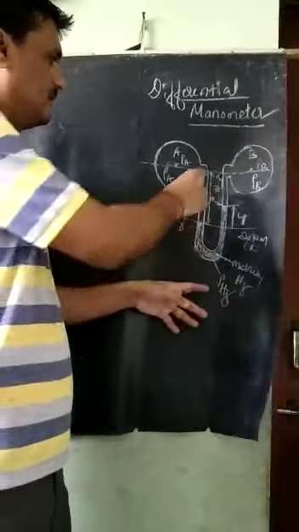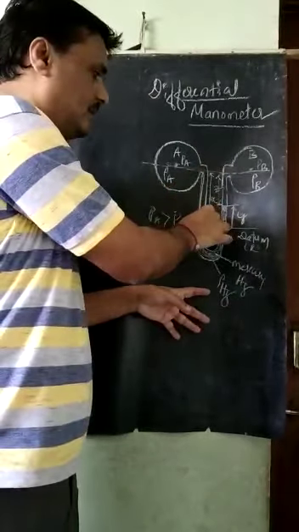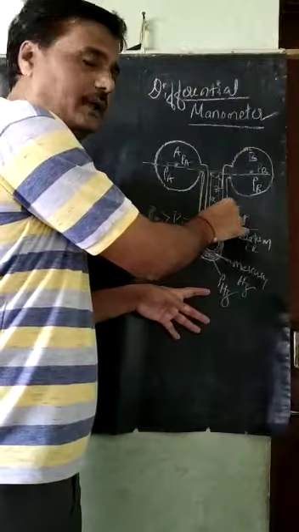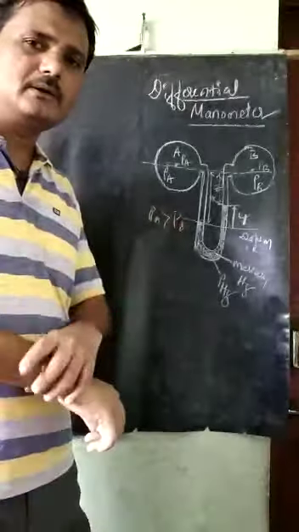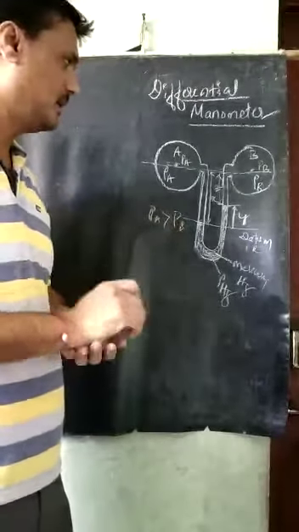X is the distance at the left limb, and this distance is y, and this distance is z. These are unknown quantities, but sometimes in numericals they will be given.